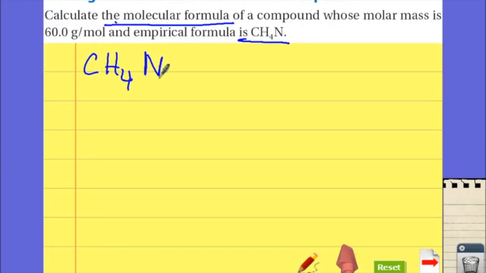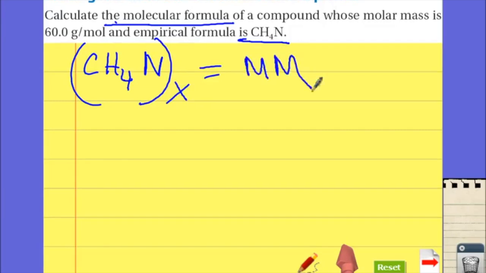That empirical formula mass times a number will give me the molar mass. Let me repeat: the empirical formula mass times a number will give me the molar mass, because the empirical formula is the simplest form of that molecular formula.